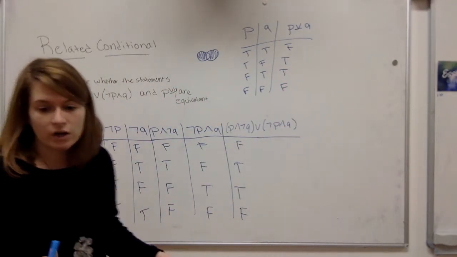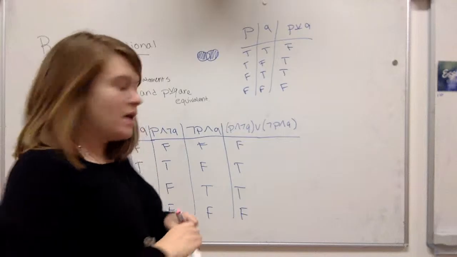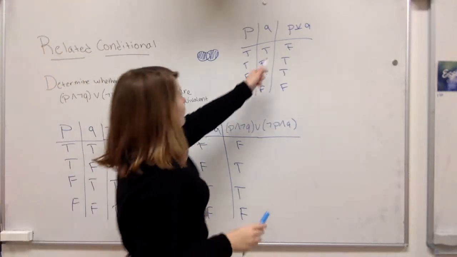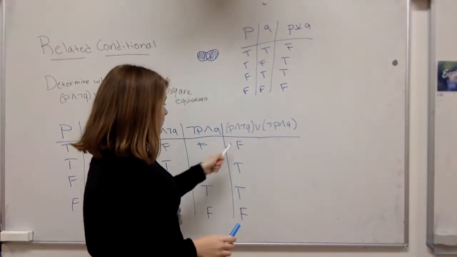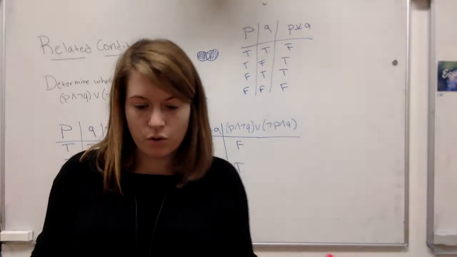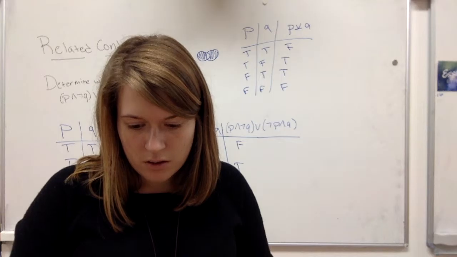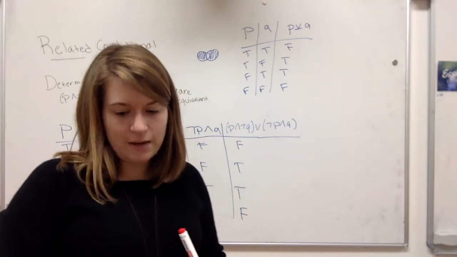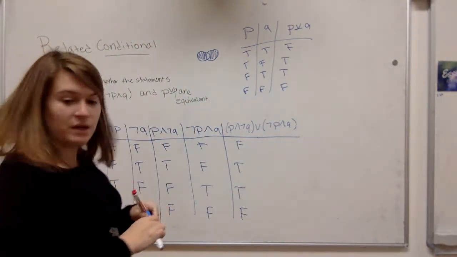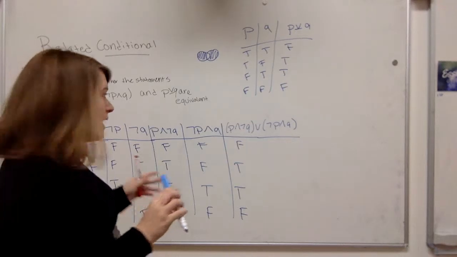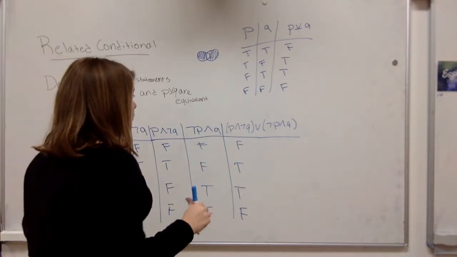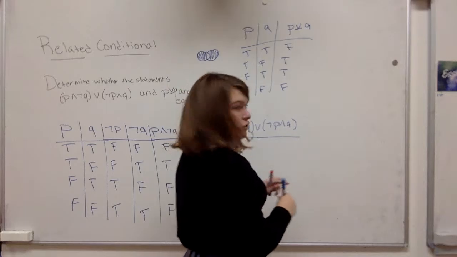So now we're going to look at both of them together. And we have false, true, true, false. And here we have false, true, true, false. So that means that, let's see. So that means we can make another one that pulls it all together. So let me just do that here.